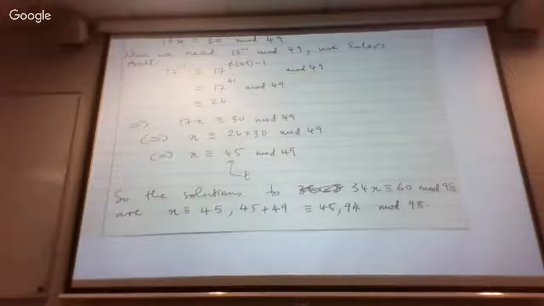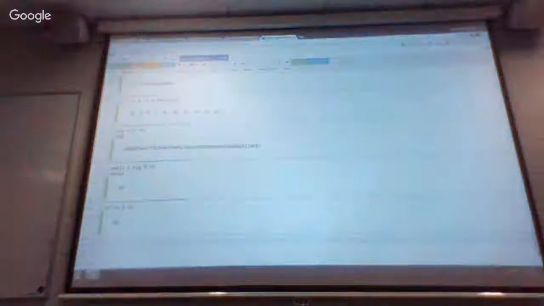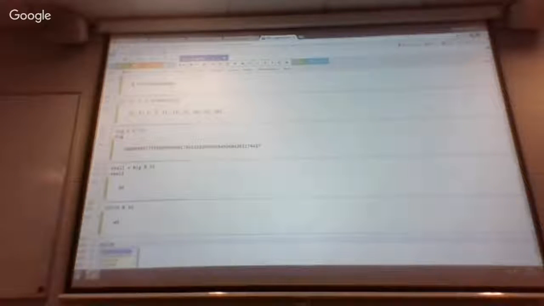Okay, we should probably just double check that using Sage. There's a nice Sage command, which I think is solve_mod. 34 times x. x is always a symbolic variable that's available.